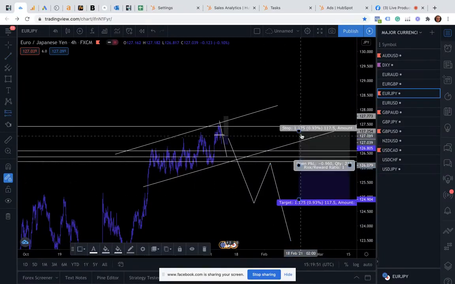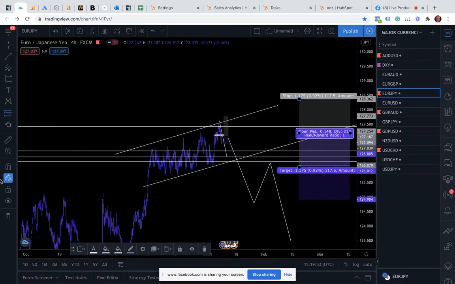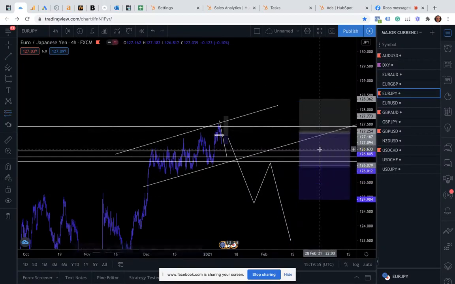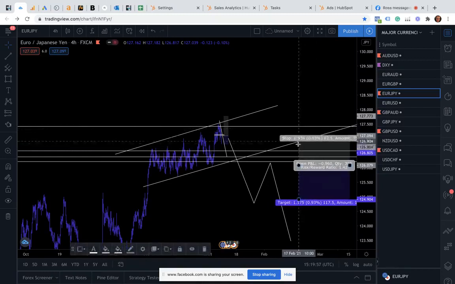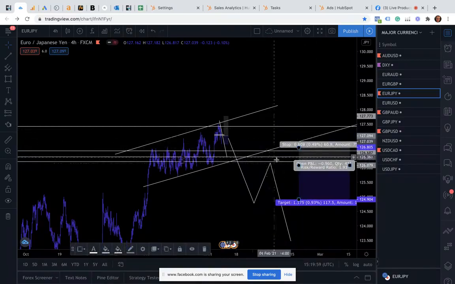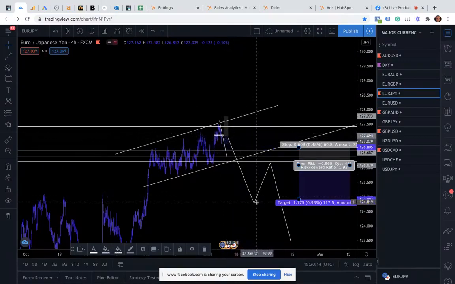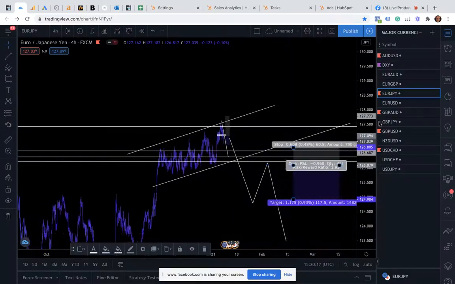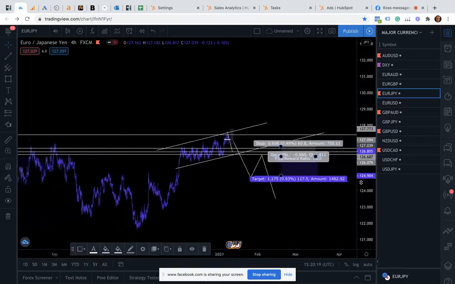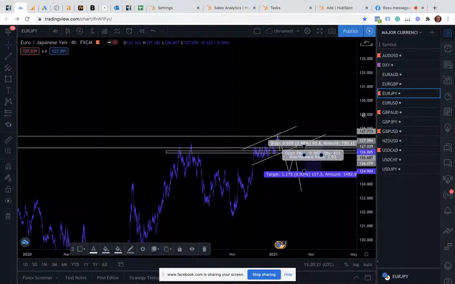We would get in here, we'd have our stop loss just behind these highs here, so it would be behind this zone here, and it would be back inside the pattern, so it would be back inside this ascending channel. So it gives us protection from this trend line of the channel, it gives us protection of this zone here, and we have now a new bearish structure, which is a lower low, lower high, and lower low, and we would be taking that possibly down anywhere.